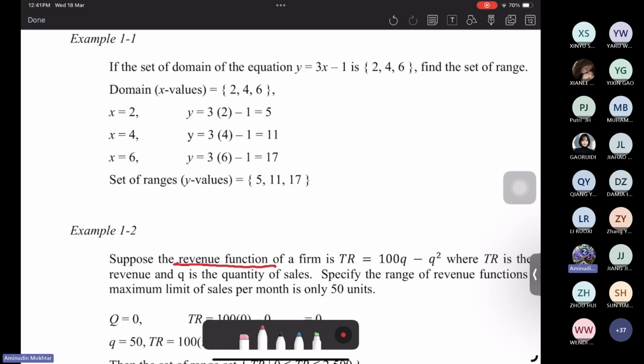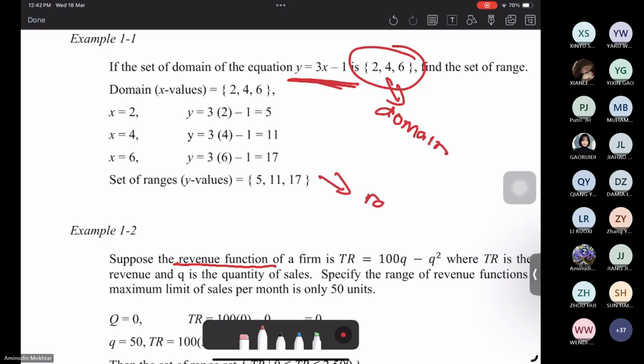Okay, now we have this function, and I would like to refer back to this question. Y equal to 3x minus 1. We have a set of domain and a set of range.